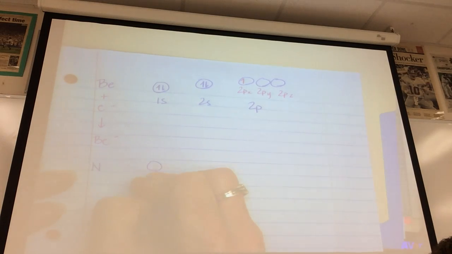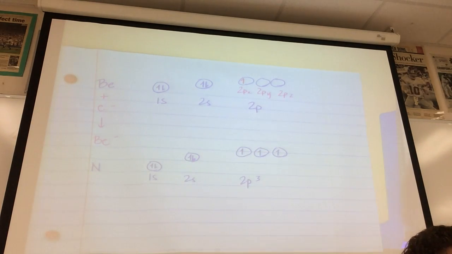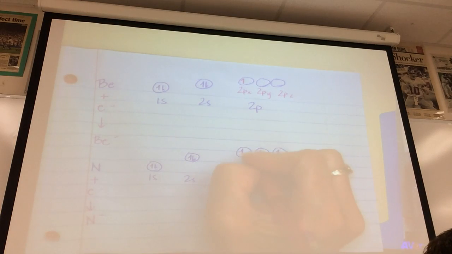Nitrogen is 1s2, 2s2, 2p3. And when nitrogen gains the electron, it would form this ion. And where would that electron need to go? It'd go into the 2px orbital.